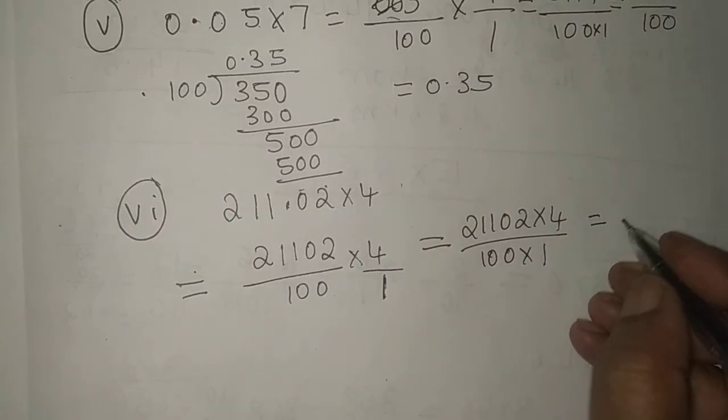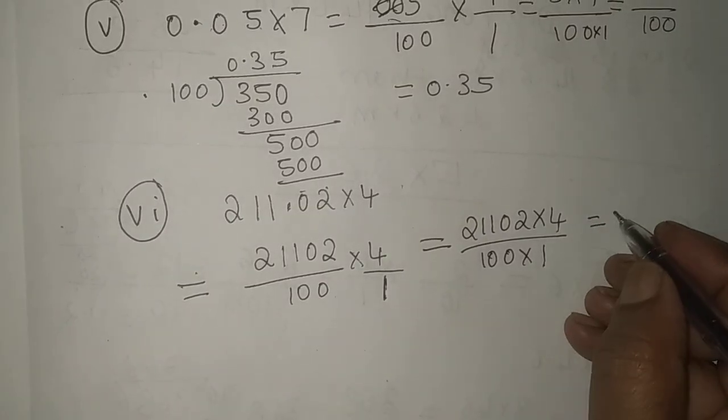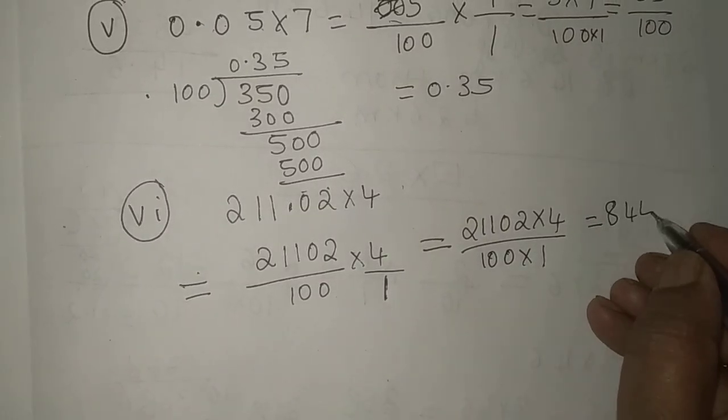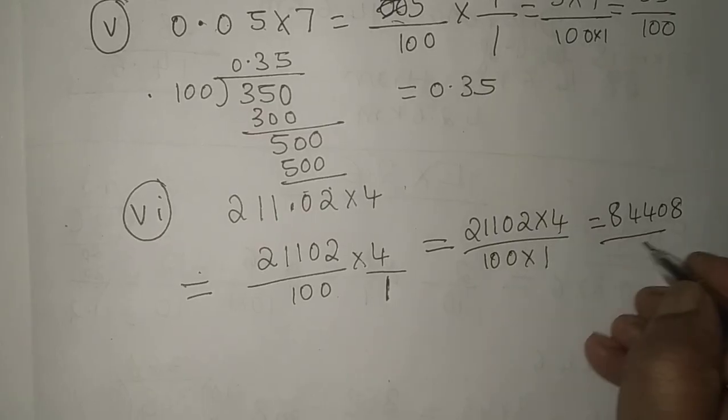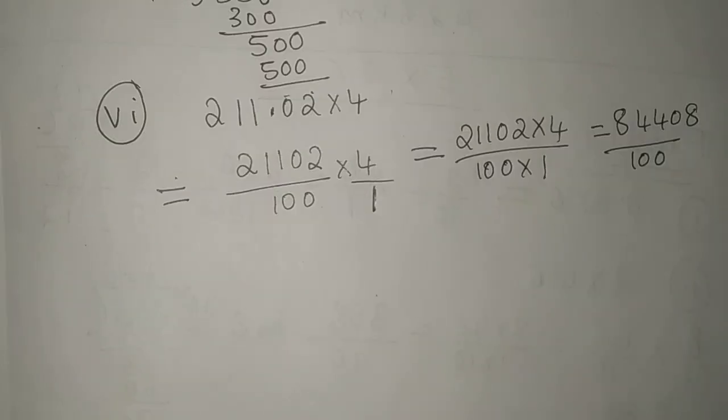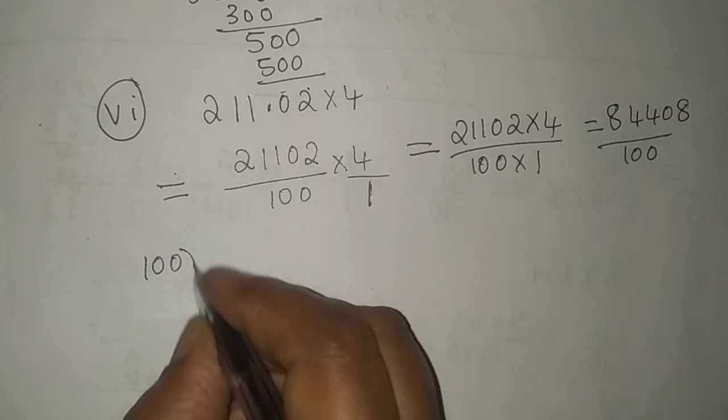Multiply this, we get 84408 by 100. Now we can divide.